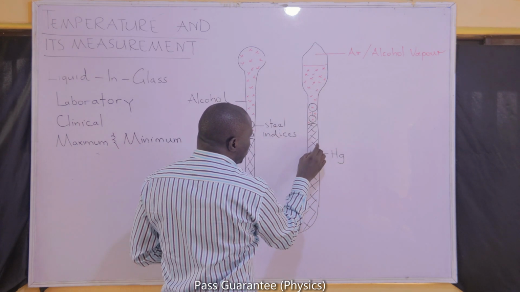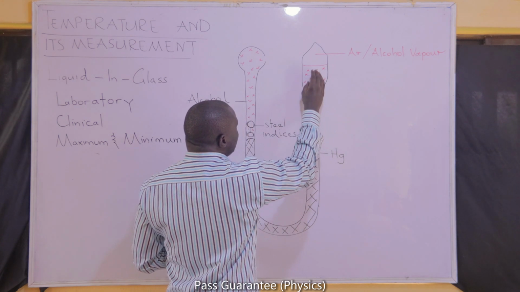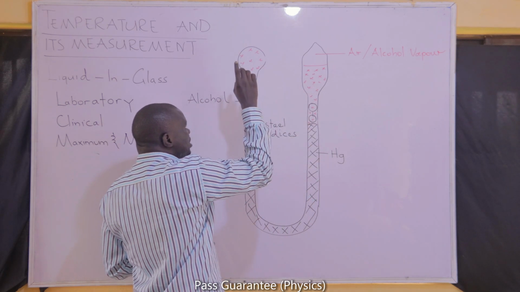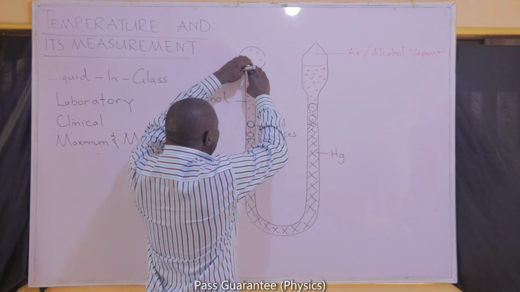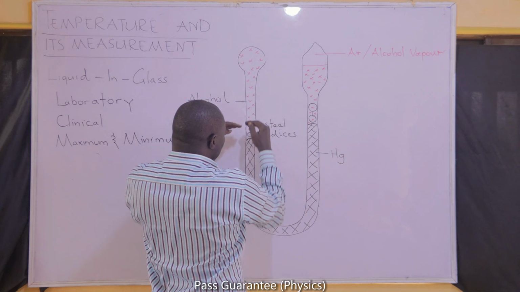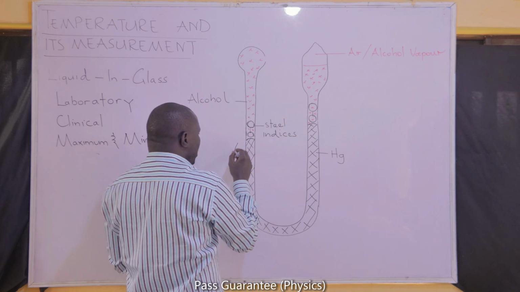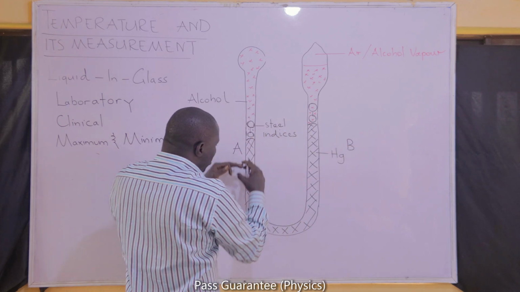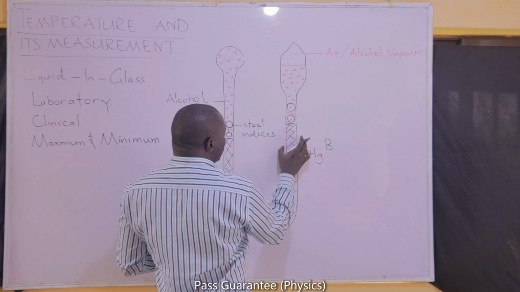So the mercury here can actually push up the alcohol level for as long as the expansion of this alcohol can take. So as the alcohol expands, it pushes down mercury on this arm. I can call this arm A, and this arm B. It pushes down mercury on arm A, then the mercury on arm B will go up.